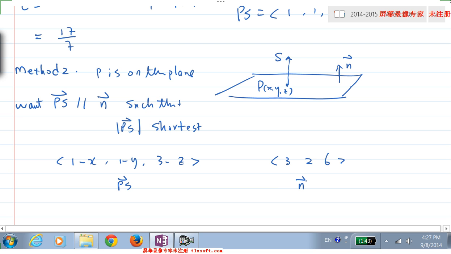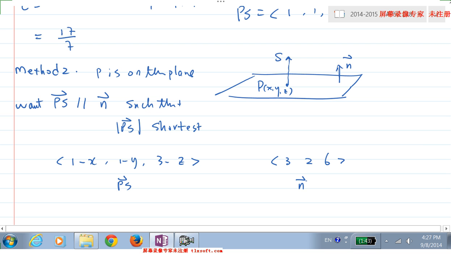The two vectors are going to be parallel. If two vectors are parallel, what is the relationship between them? What is common between the two vectors? The same direction. What's not in common? The magnitude.